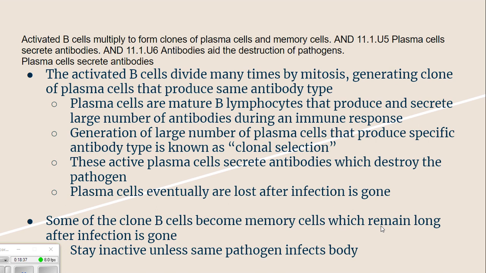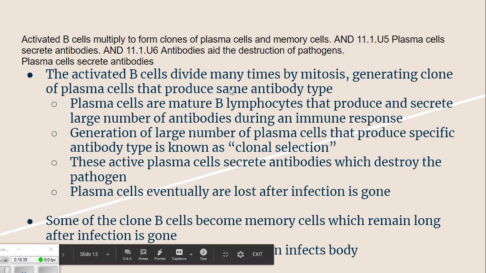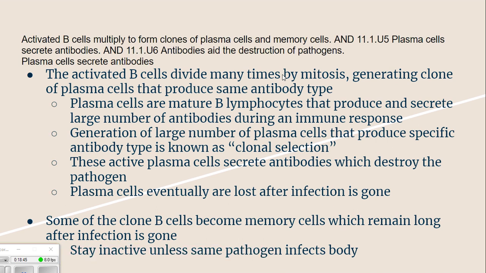So once that happens, the activated B cell will now divide many times by mitosis. That B cell, to help produce lots of antibody, because it knows that antibody will react to that particular antigen, will divide many times by mitosis, generating clones of that particular cell. And when a B cell becomes activated, it is now referred to as a plasma cell.